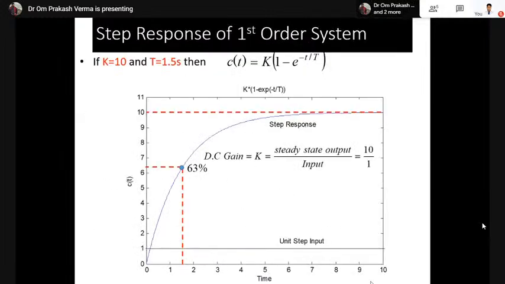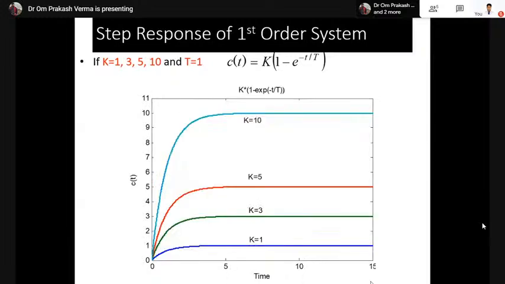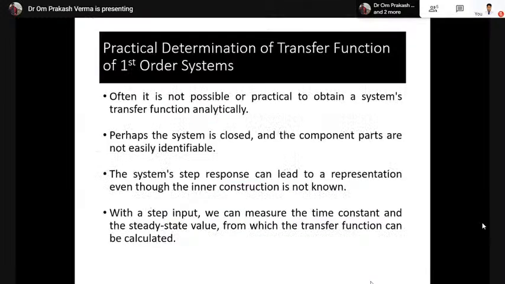And we defined the time constant and DC gain. Then we saw the effect of the time constant when it is increased or decreased. Similarly, we saw the effect of the DC gain when it is increased or decreased.